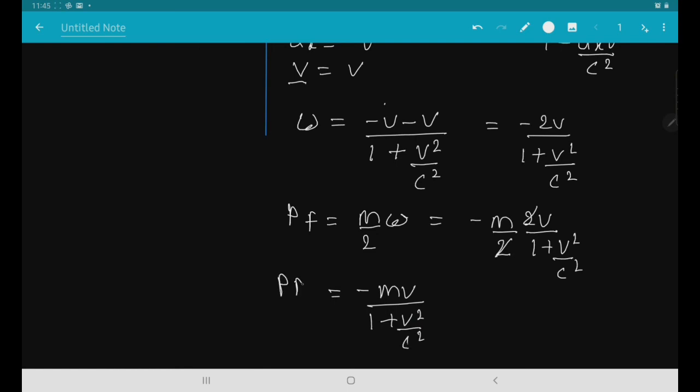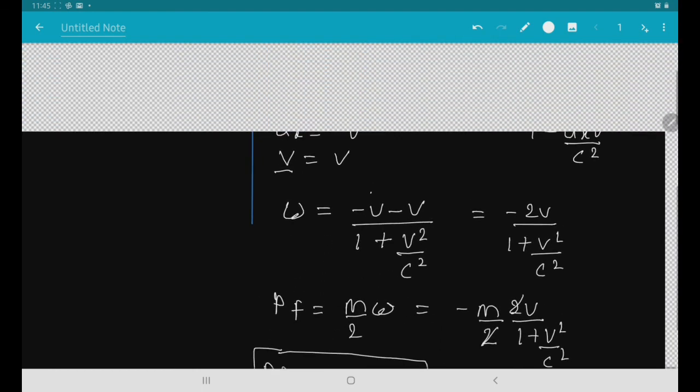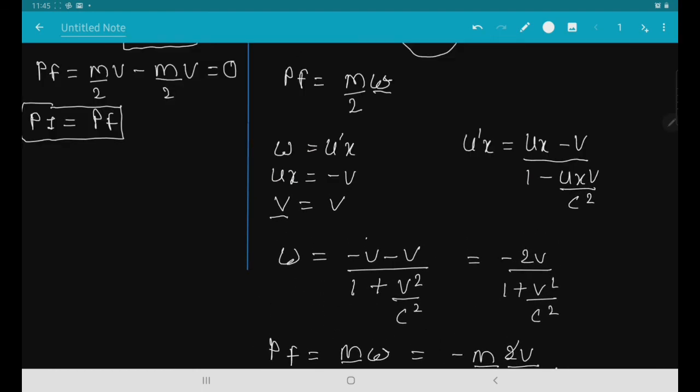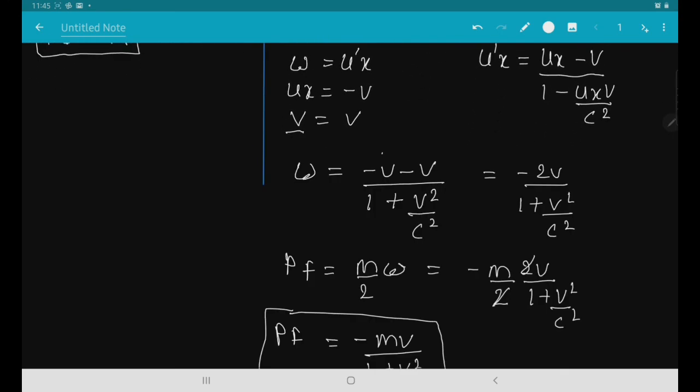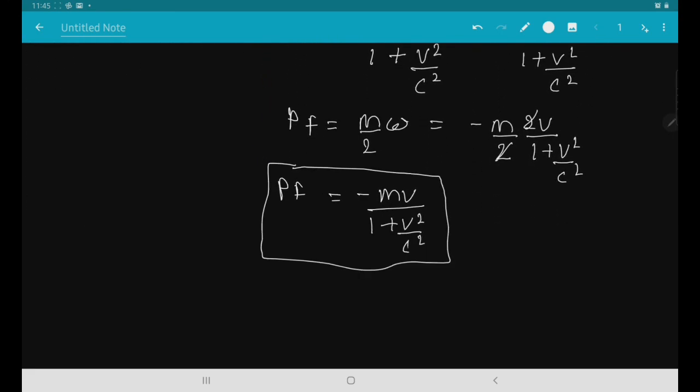Now see, this final momentum is not equal to the initial momentum. Initial momentum is just minus m into v, whereas final momentum is minus mv divided by 1 plus v square by c square. So initial momentum is not equal to the final momentum in the S dash frame of reference, that is the moving frame of reference, where we have used Lorentz transformation to find the velocity.